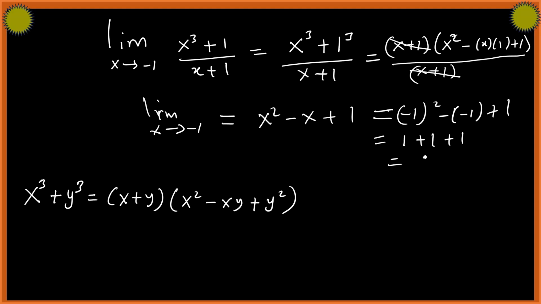So the answer is 3. All right, now let's use another method. You can choose to differentiate the numerator here and put the result down and do same to the denominator. The answer will come. That's another alternative.